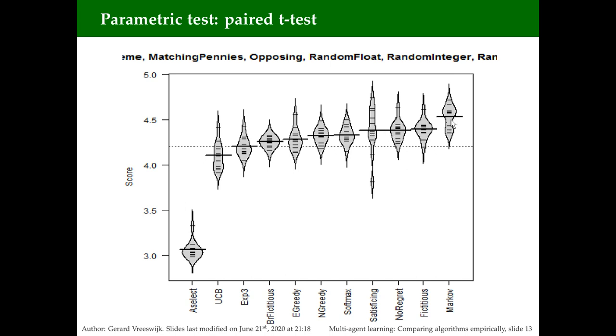Markov is an algorithm that remembers what it has played previously and plays that action that has proven success with a particular history in previous rounds, but takes a lot of memory.